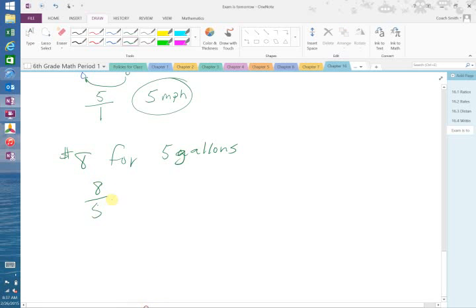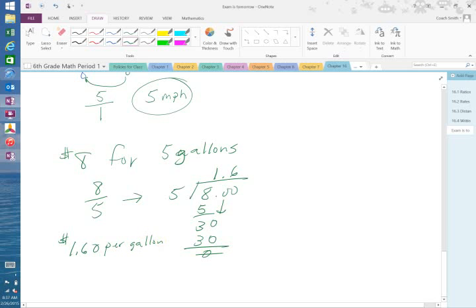So I had 8 over 5, which means 5 into 8. 5 goes into 8 one time, 5, remainder 3. Bring down my 0. 5 into 30 goes 6 times, 30, remainder 0. So $1.60 per gallon. Okay, and you will notice on both of those that we have our label. If you don't have the label, it will be wrong.